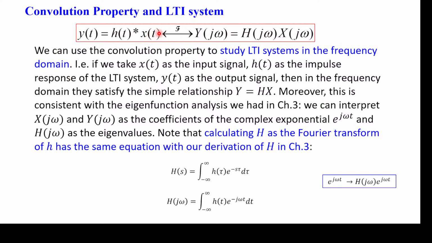This is what we said in chapter 2 about LTI systems. You get the input signal and you go through a system, the system will have an impulse response, and how you calculate the output signal is you take the convolution of your input signal and the impulse response of your LTI system. But now we see that we can get the Fourier transform of all three of them.